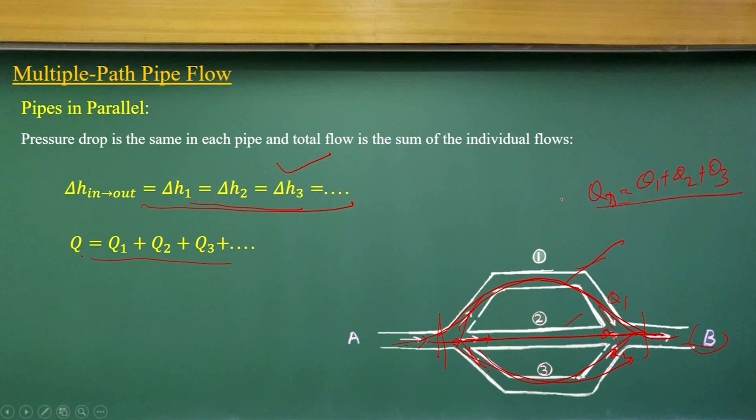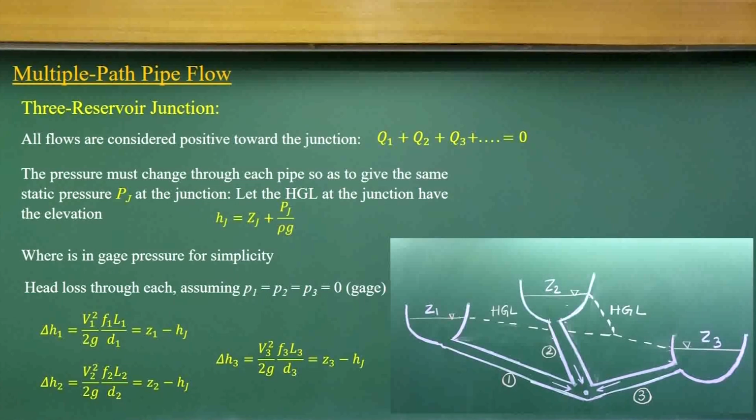The sum of the discharges gives the discharge passing through A or B, and the energy losses following path 1, 2 or 3 should be equal. Then the energy at these 2 points comes to the same value; it is not possible to have different energy losses in a flow system.